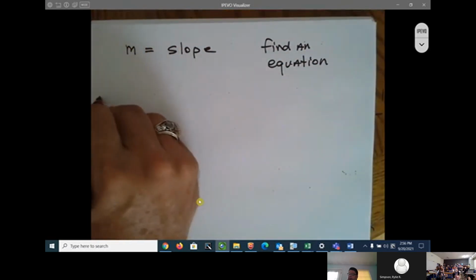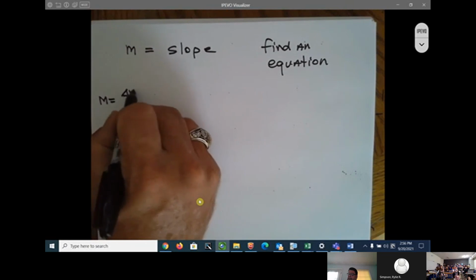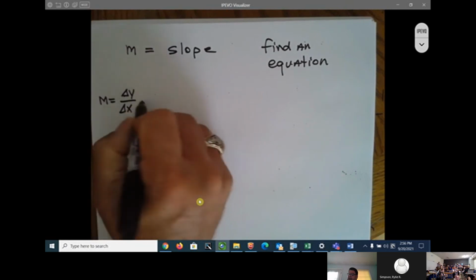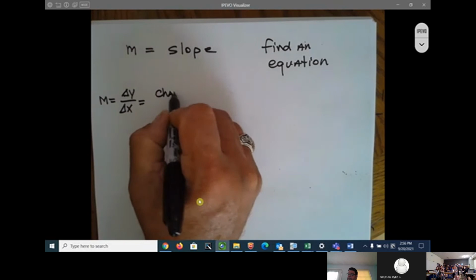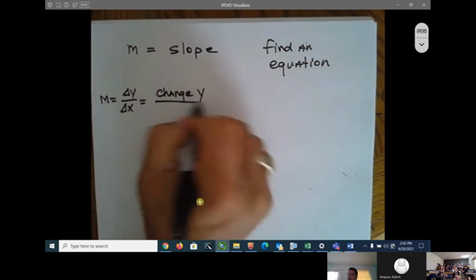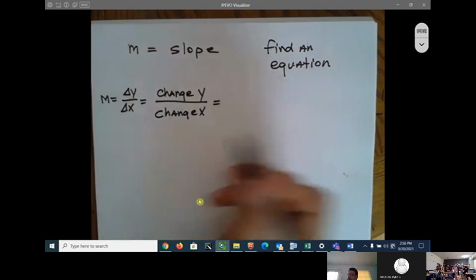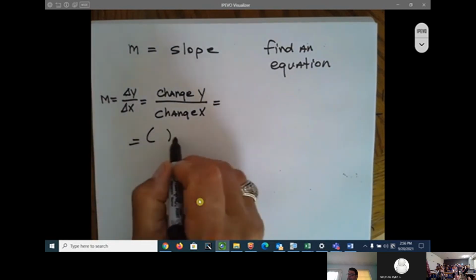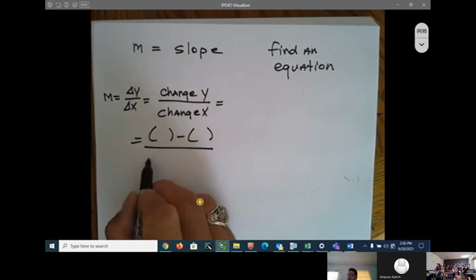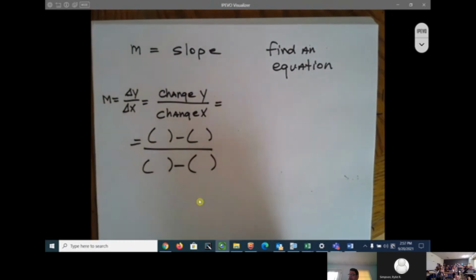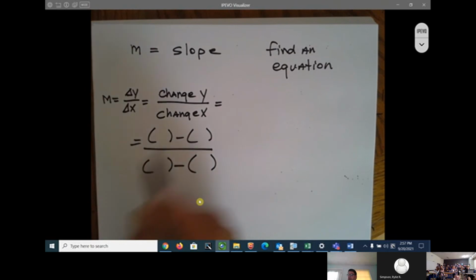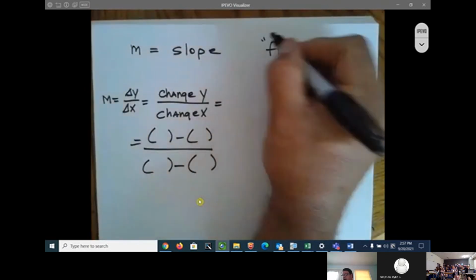Slope is equal to delta y over delta x, which is your change in y over the change in x, which is parentheses minus parentheses over parentheses minus parentheses. Now, this should be a review to y'all. Y'all been seeing slope and find an equation since Algebra 1.